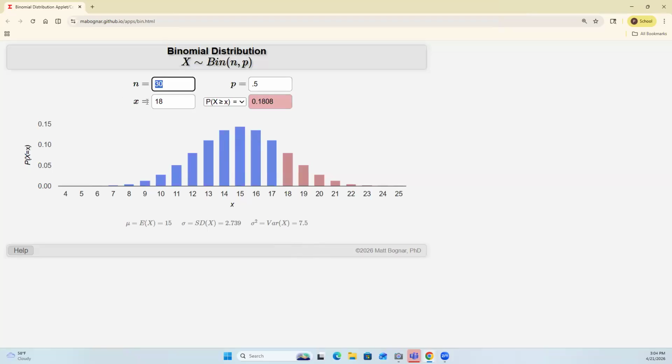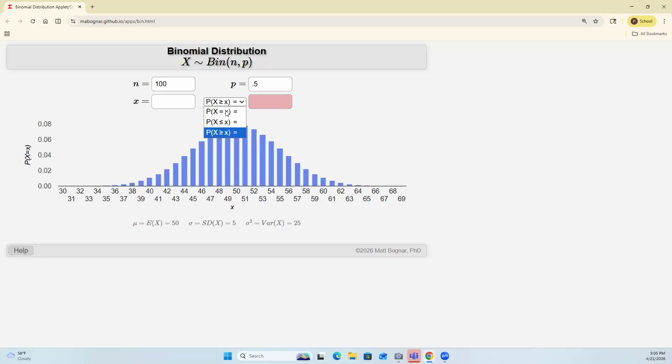Let's go to 100. There's a 60. That's very far away from our expected value in probability terms, because to observe 60 or more, there's only a 0.028, a 2.8% chance.